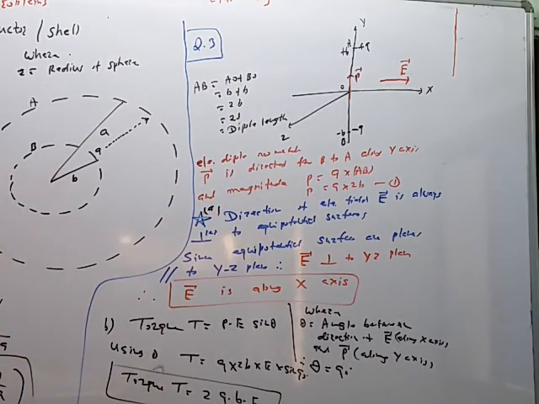The dipole moment is along the y-axis, so the angle between electric field intensity E and dipole moment P is 90 degrees. In this equation of torque, sin theta is equal to sin 90, which is equal to 1. This formula for torque acting on the electric dipole, we derived last year. We are using it directly here.